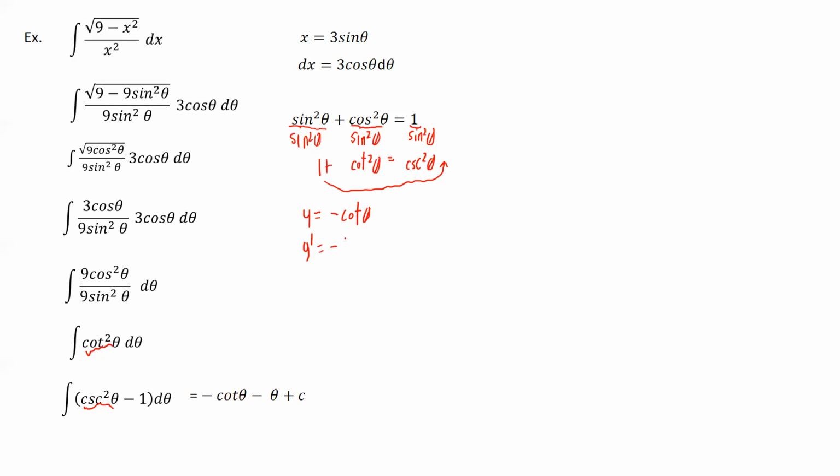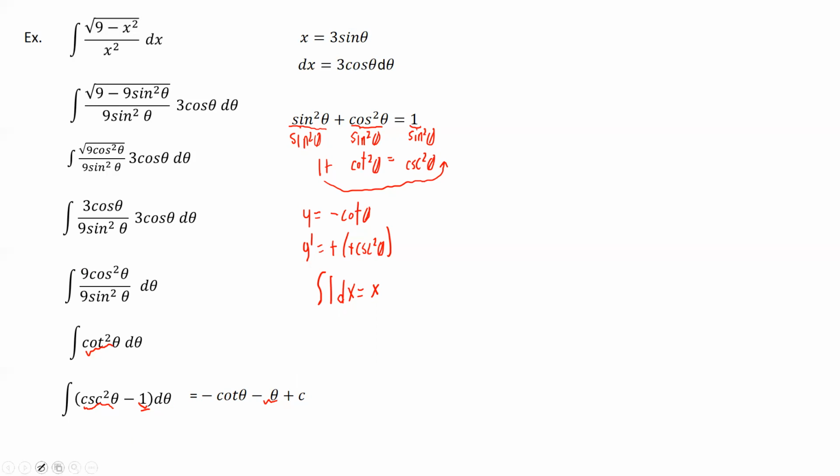The derivative of cotan theta is negative cosecant squared theta. Those two negatives give us the positive that we were looking for. Now, where's this theta coming from? What is the integral of 1 if your variable is theta? What if it's the integral of 1 dx, if your variable is x? That's going to give us an x. The integral of 1 d theta gives us a theta.